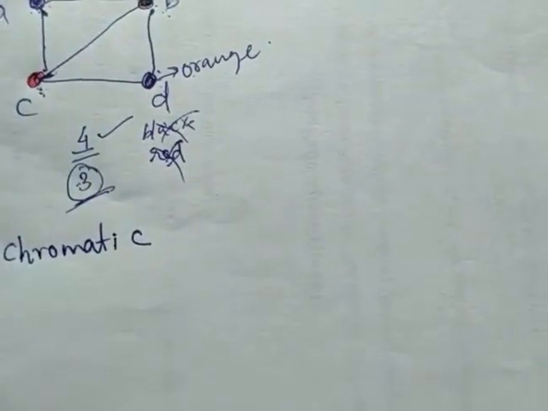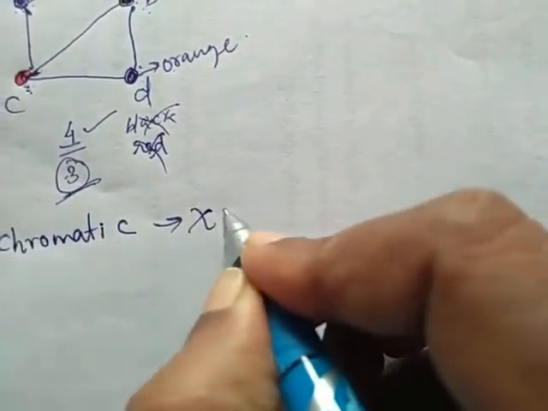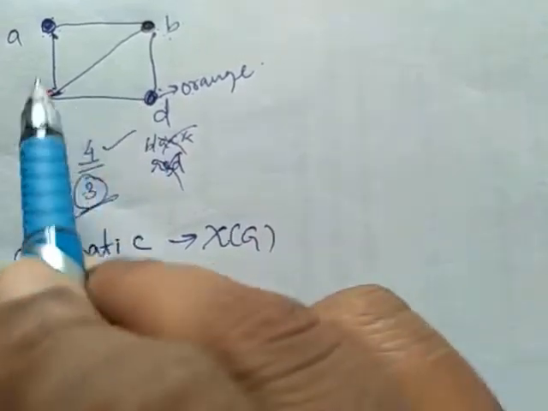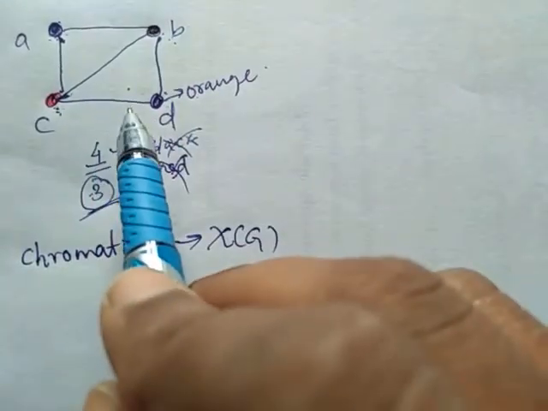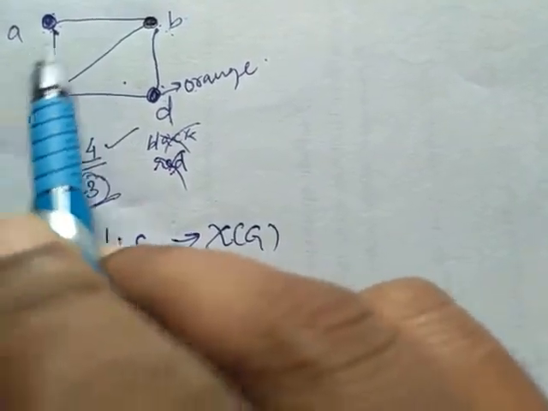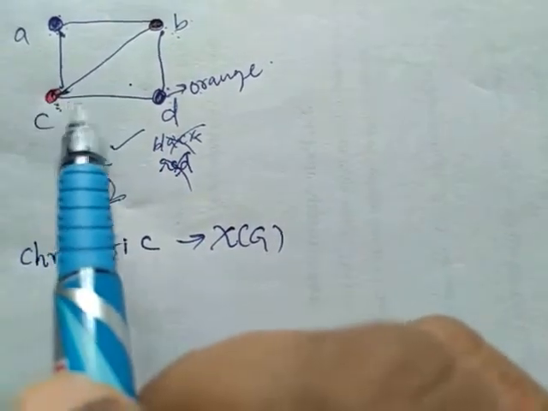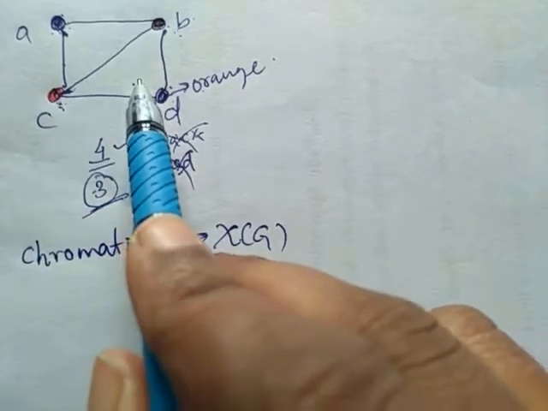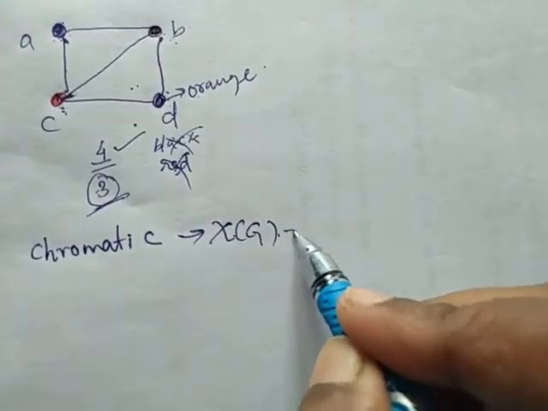Chromatic number of a graph is denoted by chi of G. See, using 4 colors we can color this graph properly. Using 3 colors also we can color the graph properly. Using 2 colors we cannot color this graph properly. Therefore, for this graph the chromatic number is 3.